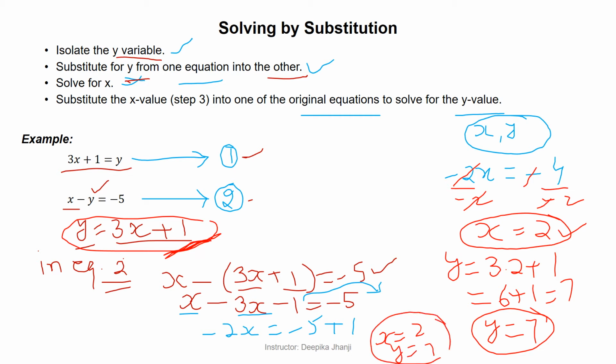Now to verify your result, just plug in the values of x and y in any of the equations. You can pick 1 or you can pick 2. Let's pick equation 1.